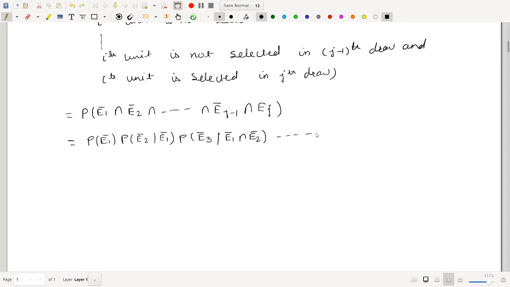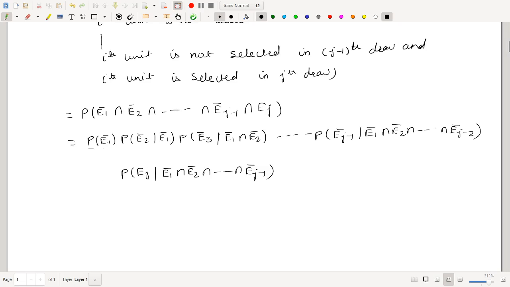Like that, this will be probability of Ej minus 1 bar given E1 bar intersection E2 bar up to intersection Ej minus 2 bar, into probability of Ej given E1 bar intersection E2 bar up to intersection Ej minus 1 bar.